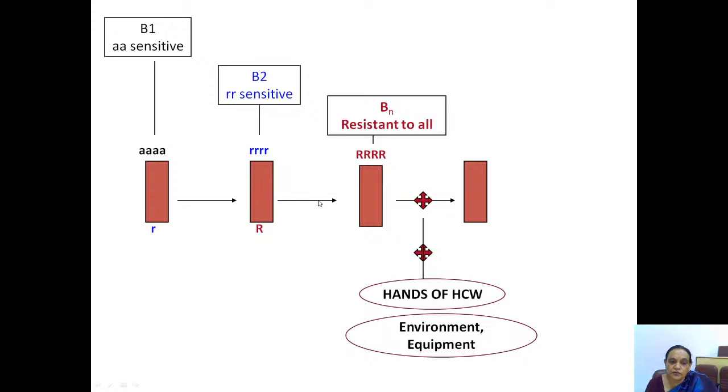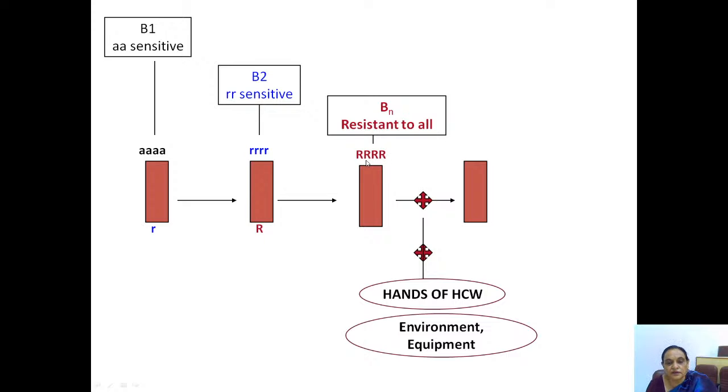So this goes on over the years, till now we have reached a situation where, in a hospital, the bacteria surviving in the environment are resistant to all available antibiotics, and this subsequently stays. It has an advantage.